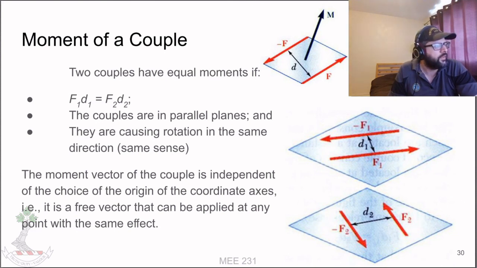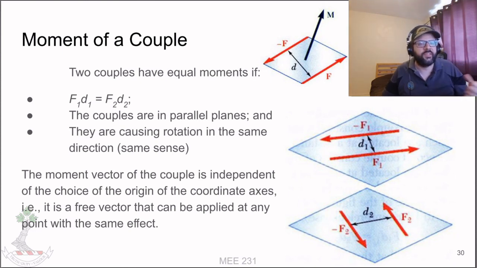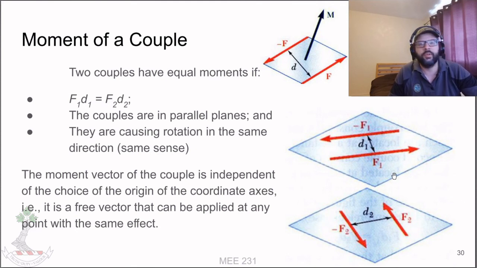So the moment that you're causing needs to be oriented the same way, and they need to have the same sense. They need to be acting in the same direction. So for these two, these would be considered equivalent moments, as long as those conditions are met. You'll note that these are both going to be causing counterclockwise rotation. That's what we call a positive moment.